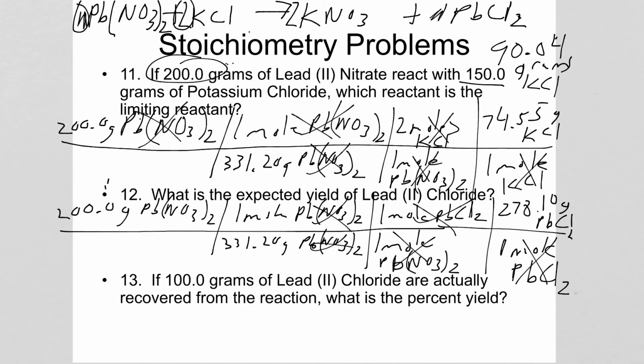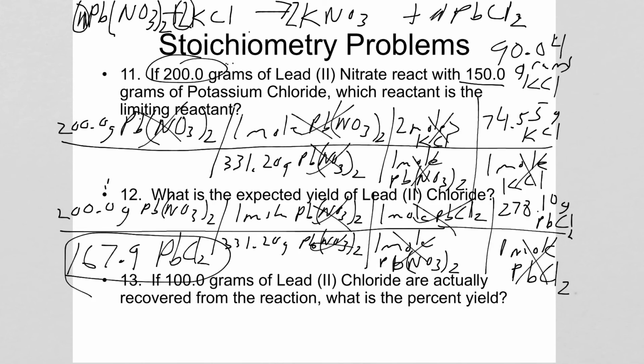And when we do that calculation, we end up with 167.9 grams. So that's how much lead 2 chloride we should get if all 200 grams of lead 2 nitrate react completely.